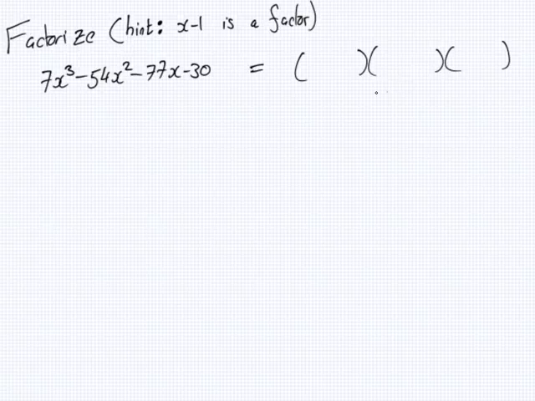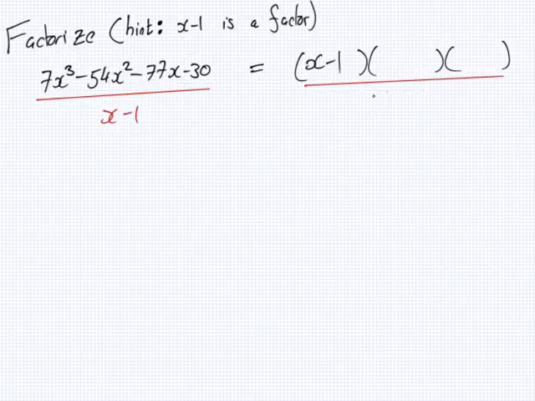Now, it's very helpful that they told us x minus 1 is one of the factors. So we are left to find 2 more factors. So what we do is we divide both sides by x minus 1. This will cancel, which means the other 2 factors you can get from the answer after you divide. So let's divide.